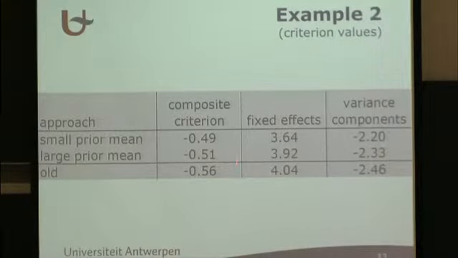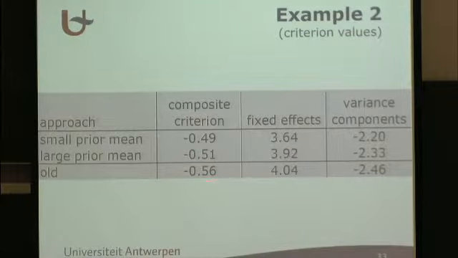When we look at the composite criterion, which has been calculated again for eta equal to 1, and I consider eta equal to 1 to be relatively small, we can see that in that case the first of the new designs does best, has the highest value, and the old design is the worst.